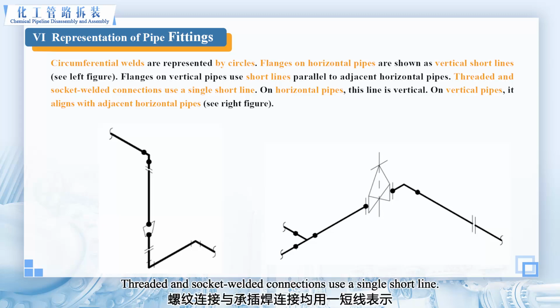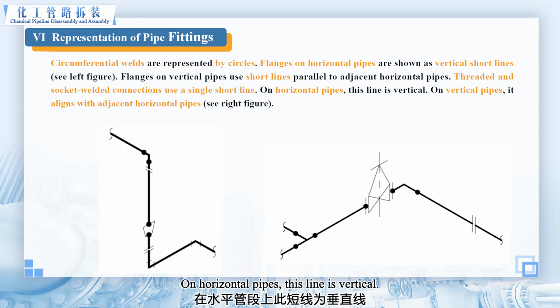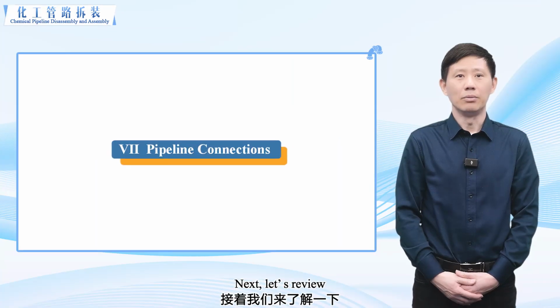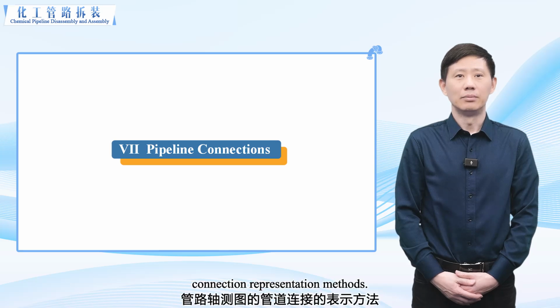Threaded and socket welded connections use a single short line on horizontal pipes. This line is vertical. On vertical pipes, it aligns with adjacent horizontal pipes. See right figure.